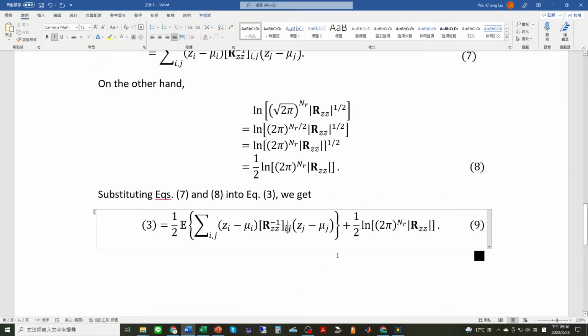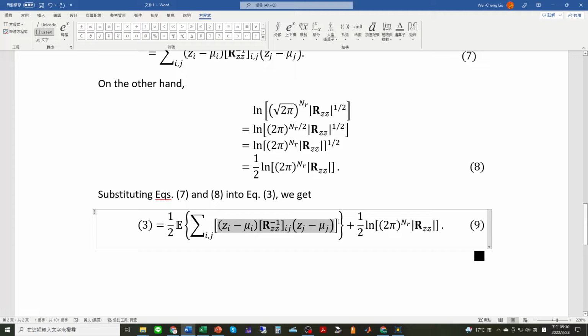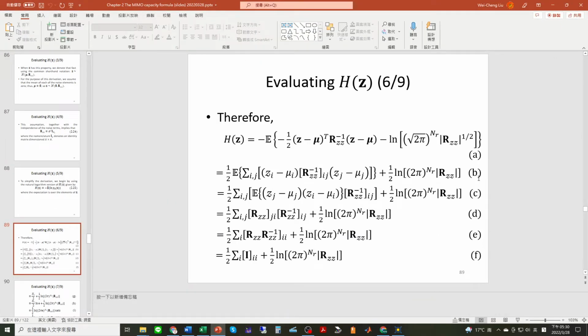And plus 1 over 2 natural log 2 pi to the power of nr times the determinant of Rzz. Let me add a bracket here, because in the slides we have a bracket here.